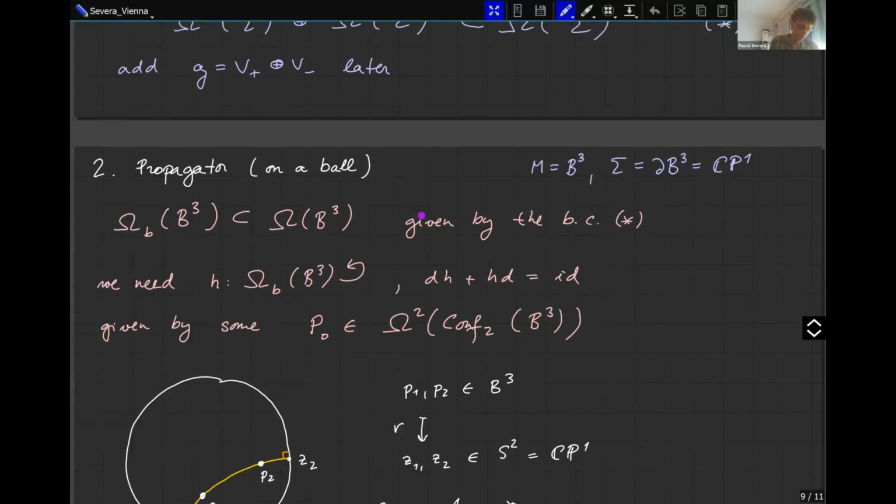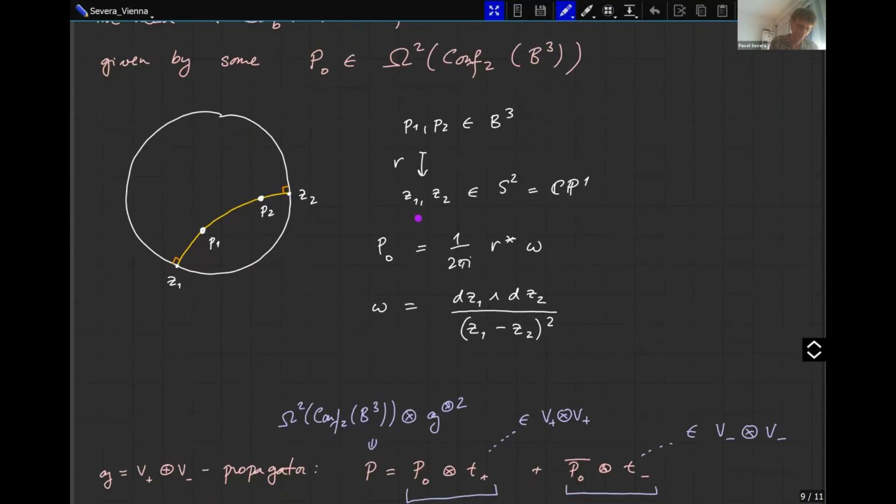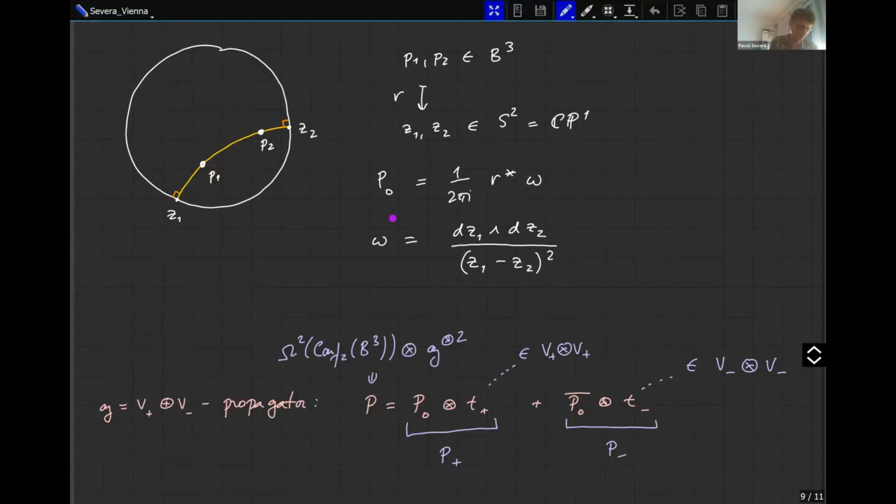But okay, let me scroll slowly back there. When we actually do have a Lie algebra split into those two subspaces, then the propagator is not much different. Simply for this V plus part, we would take the thing that we found here, this P0, and for V minus part, we would take P0 bar.